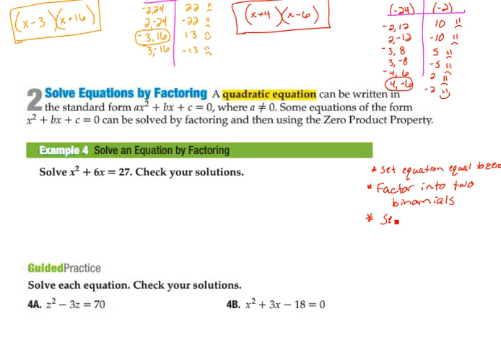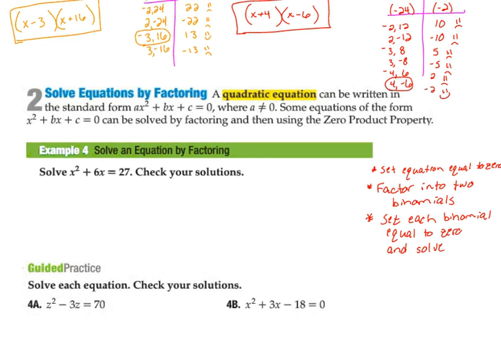Set each binomial equal to 0, and solve. Okay, 3 steps. Sometimes some of the steps are there for us, other times not so much. So set equation equal to 0.